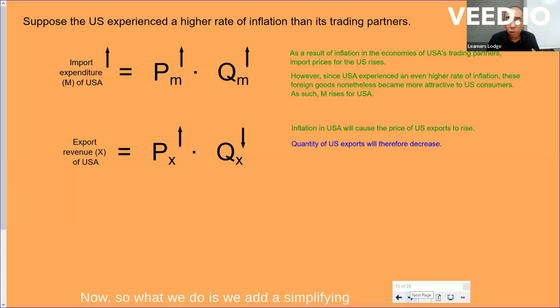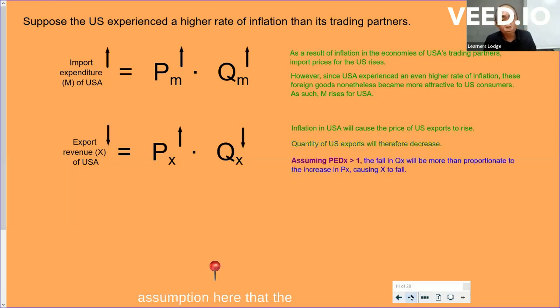So what we do is we add a simplifying assumption here that the price elasticity of demand for exports in America on average is greater than 1. As a consequence, the fall in quantities for each export that America sells on average is more than proportionate to the corresponding increase in prices, resulting in an overall decrease in export revenue. Now, this assumption may or may not be true, but do we justify why we make this assumption?